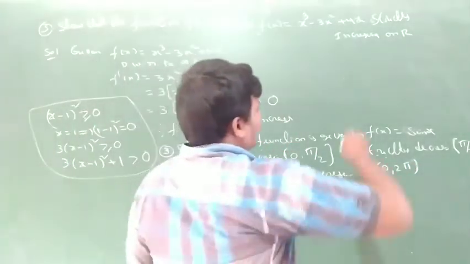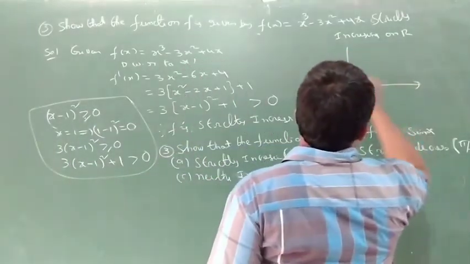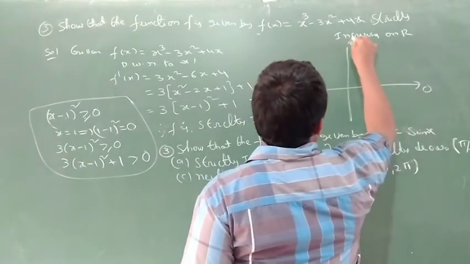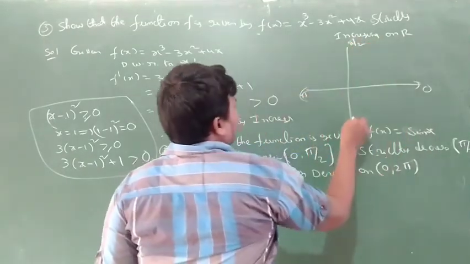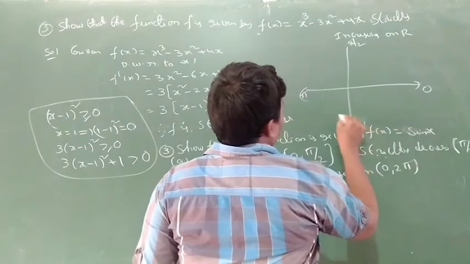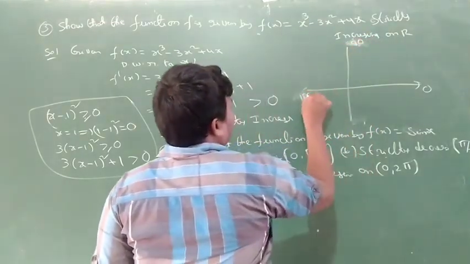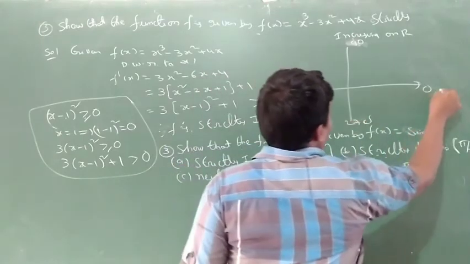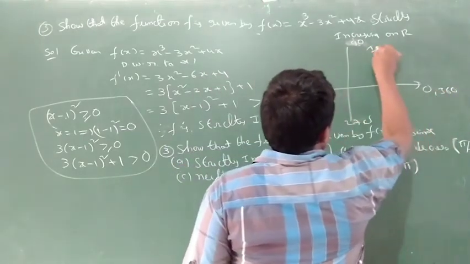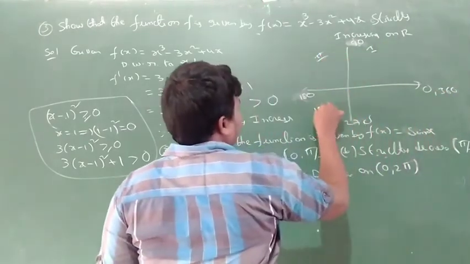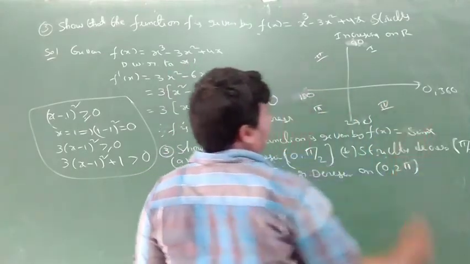First, an explanation of this problem. This is the first quadrant: 0, 90, 180, 270, 360. First quadrant, second quadrant, third quadrant, fourth quadrant.